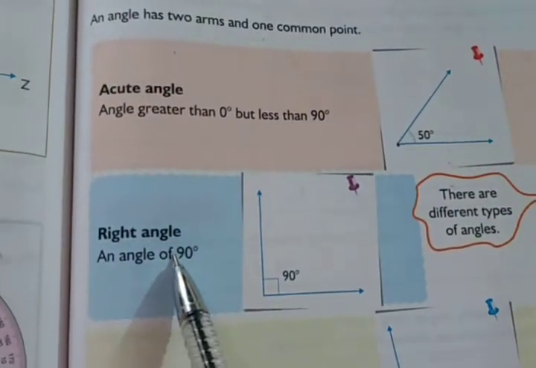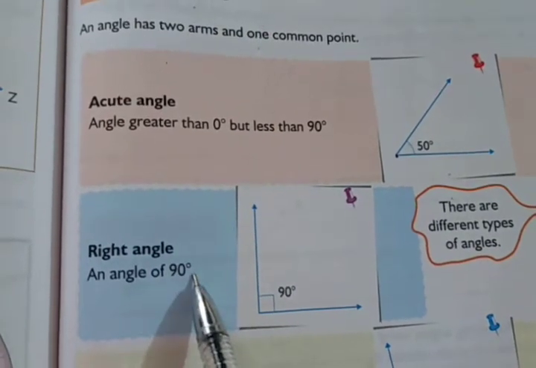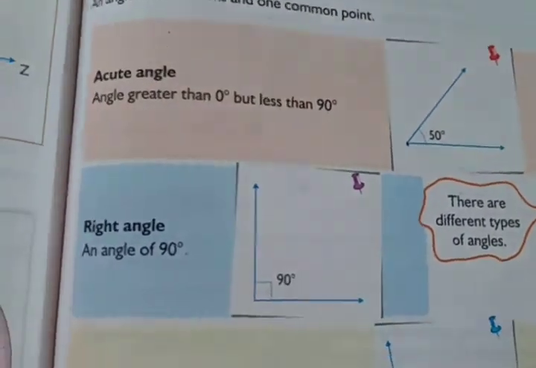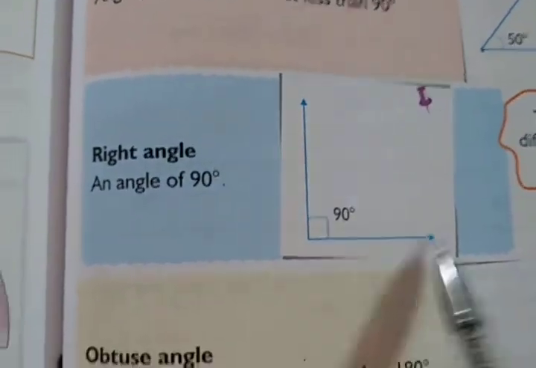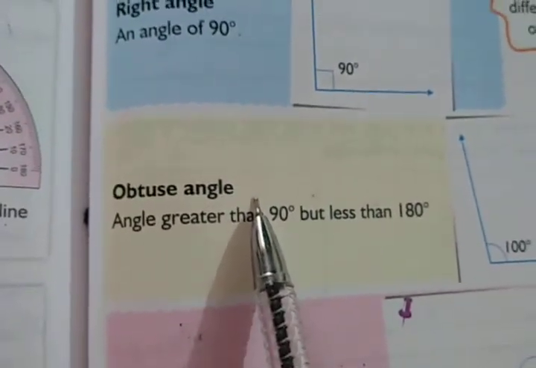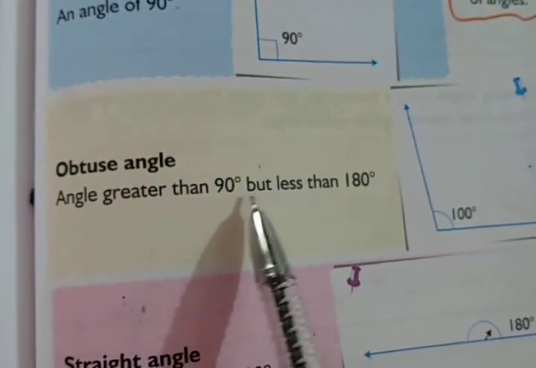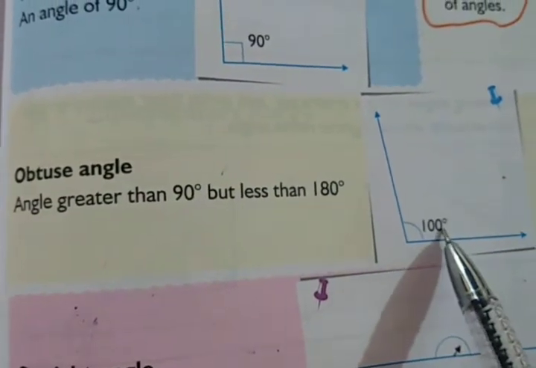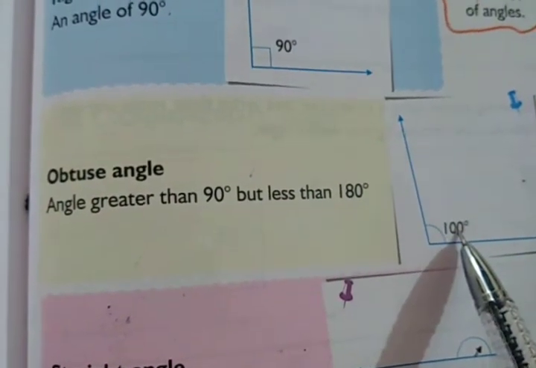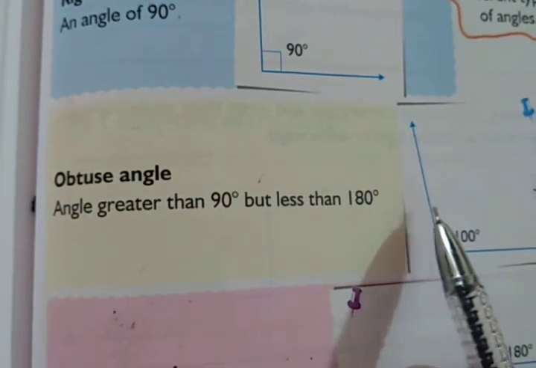Then right angle, an angle of measure 90 degree. This angle of 90 degree is called a right angle. Obtuse angle is greater than 90 degree but less than 180 degree. It is 100 degree, it is greater than 90 degree but less than 180 degree.